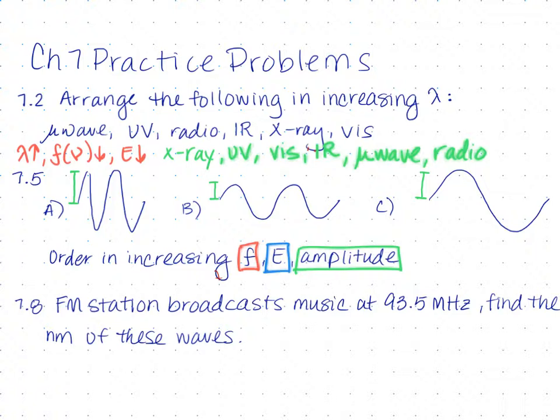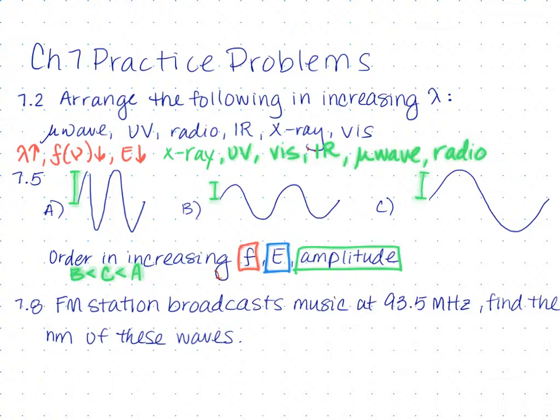Maybe A looks a little higher. So just refer to your book because they're drawn a little bit differently. So I'm going to say for sure B is the shortest. Then probably C is the next highest. And then A is the highest amplitude. The peak goes up the highest.